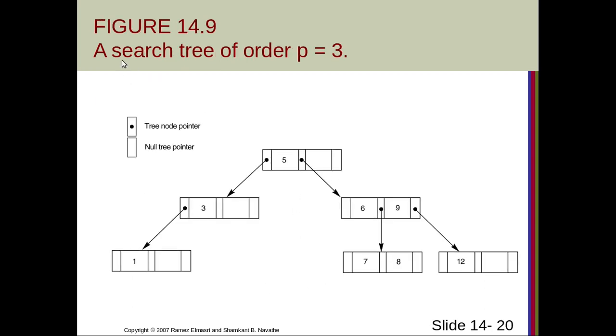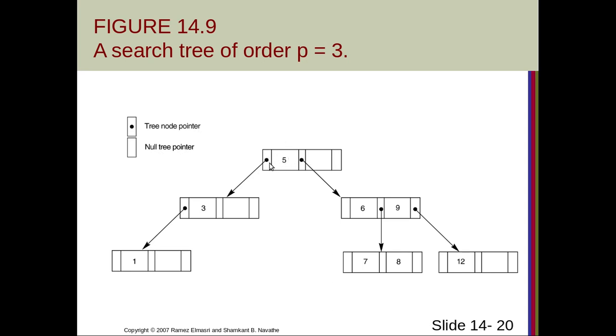So this is a search tree of order p equal to 3. P equal to 3 means every node has 3 pointers and 2 key values, that means p number of pointers and p minus 1 number of keys. A dot represents a non-null pointer, and if a dot is not there, that means it is a null pointer. In the root node you have 5.